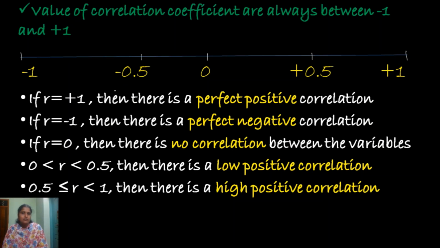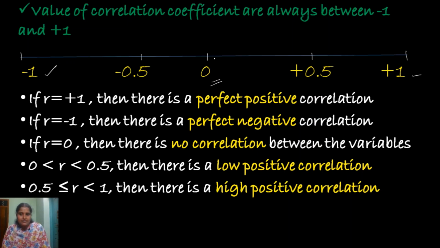If r is equal to +1, there exists a perfect positive correlation between them. If r is equal to -1, there exists a perfect negative correlation. If r is equal to 0, there exists no correlation between the variables.